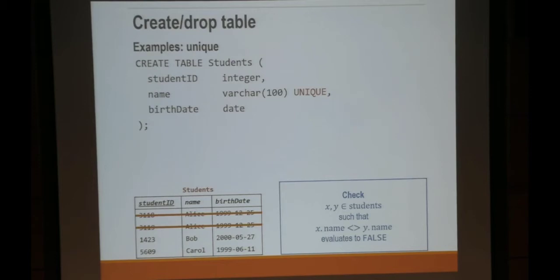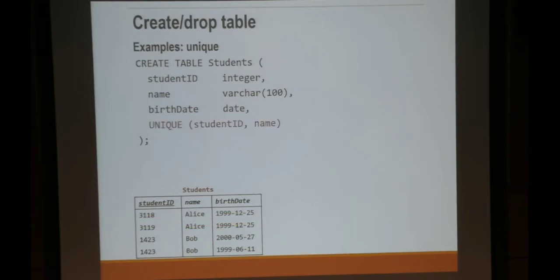If you want to check that a pair must be unique, you can give this, a table constraint. So this pair must be unique. So this Alice does not violate the constraint. But these two pairs violate the constraint. All right?